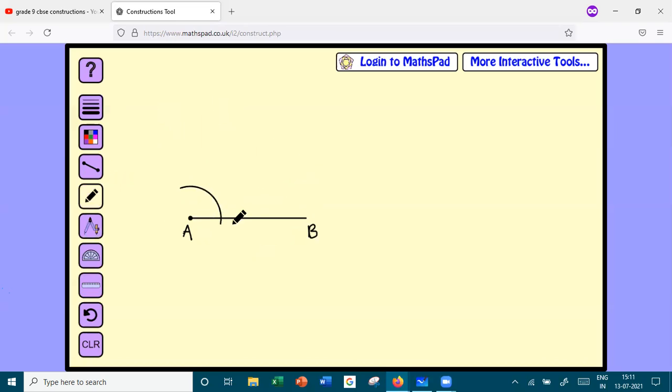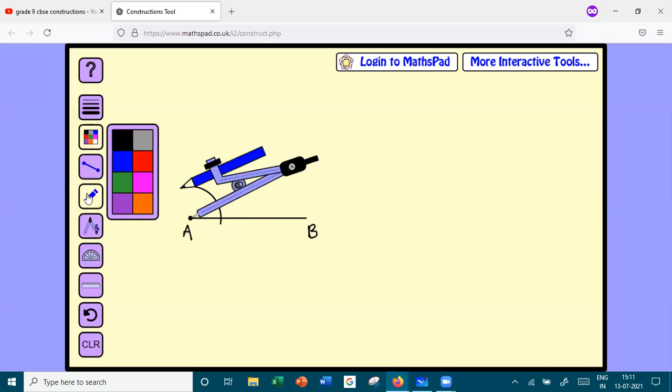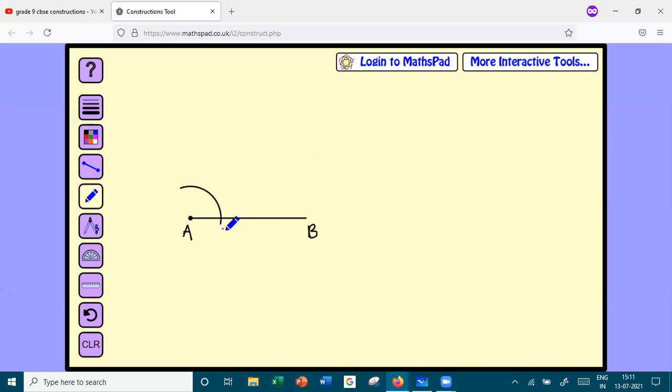So this curved part is what is known as an arc. If you want, we can label this also. Let's call this O.